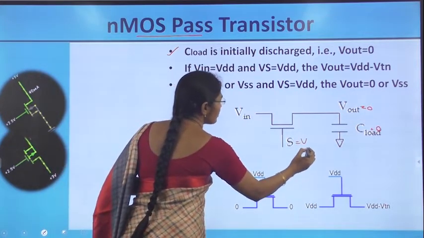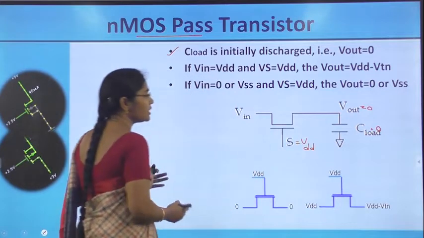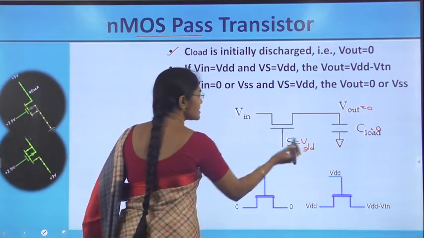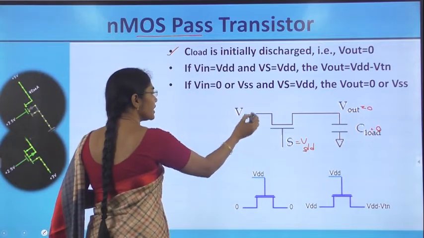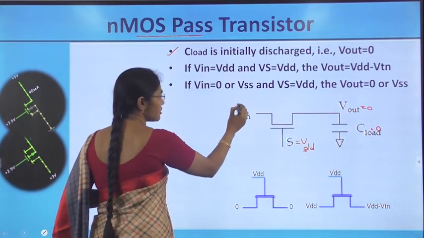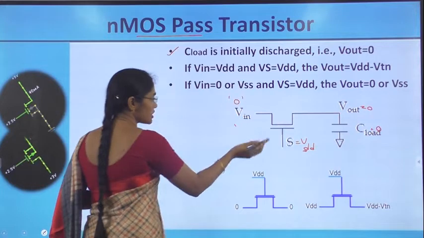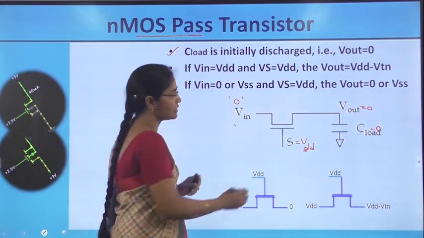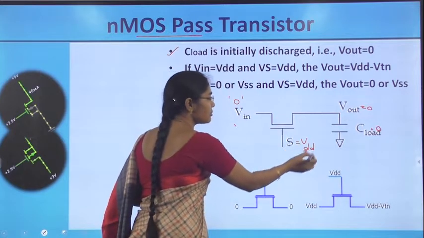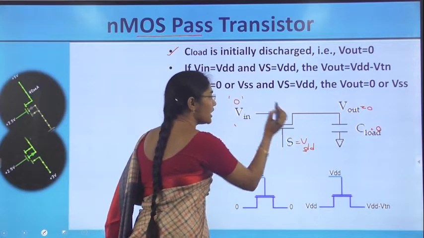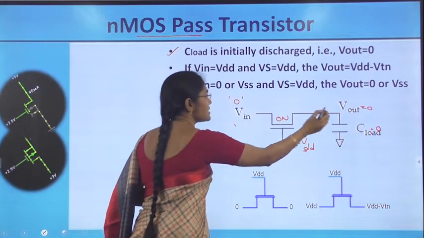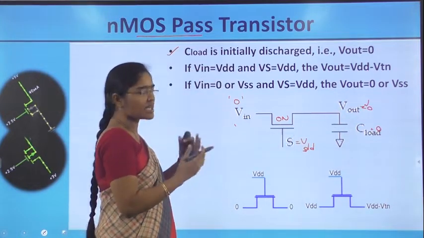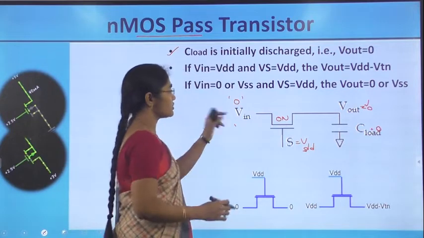We know Vs is equal to VDD or logic high, then only this NMOS transistor is on. Then apply Vs as VDD and connect the input signal as logic 0 or logic 1. First, when input logic 0 is applied, this pass transistor is on because of the voltage applied at the gate, and this passes 0. Therefore, the capacitor is discharging fully, so Vout is equal to 0.